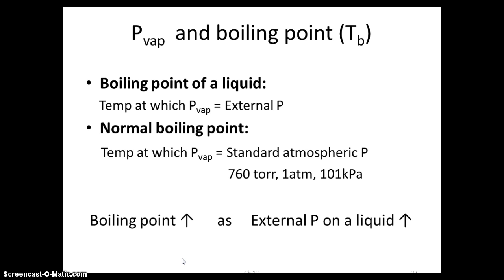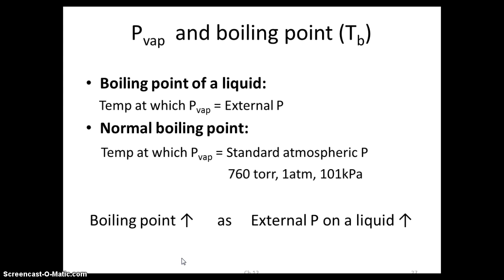Okay, so now let's talk about vapor pressure and boiling point. We know the regular boiling point of water is 100 degrees Celsius, but it actually can change based on the external pressure. If we think about boiling water for pasta, the external pressure is the pressure that's in your kitchen.